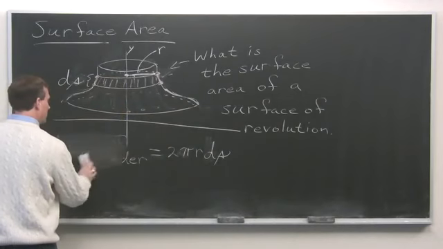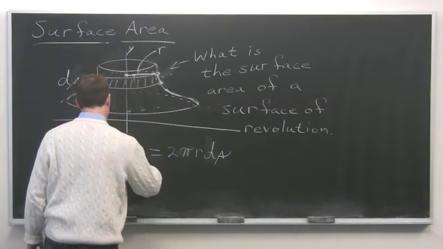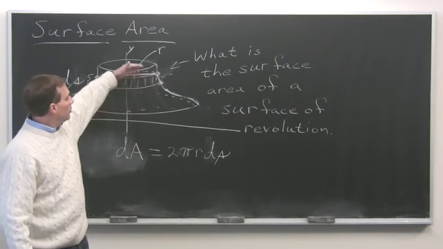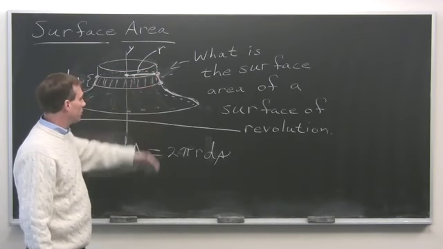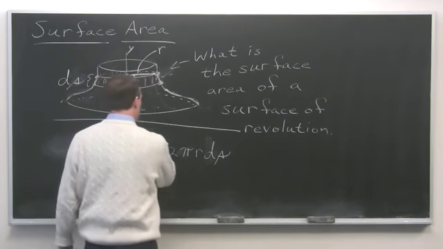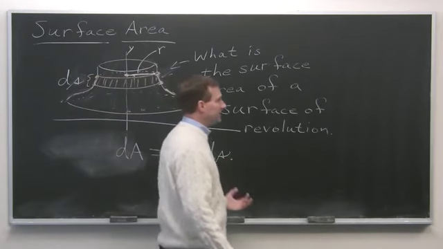So the area of this infinitesimal cylinder, dA, is 2 pi r, and the r depends on, well, where you're rotating, the axis about which you're rotating and what the curve is. So I'm just going to leave it as r in our formula. But you get this, and then you have to recall how you calculate ds.